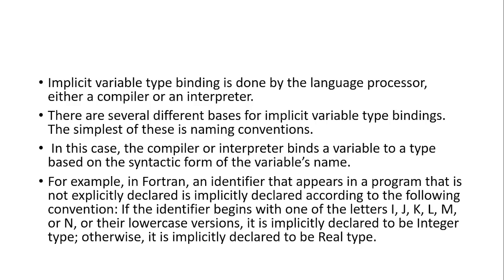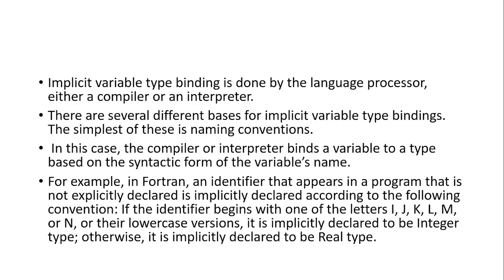There are several different bases for implicit variable type bindings. The simplest of these is naming conventions. In this case the compiler or interpreter binds a variable to a type based on the syntactic form of the variable's name.